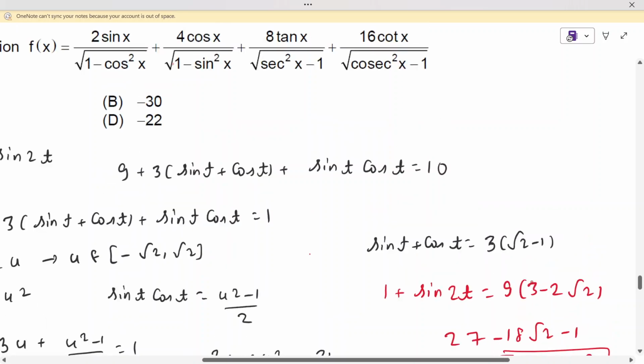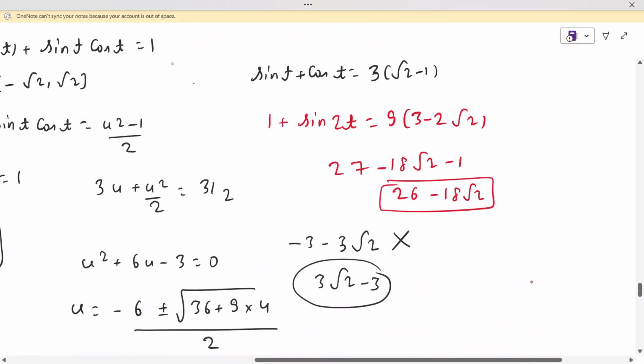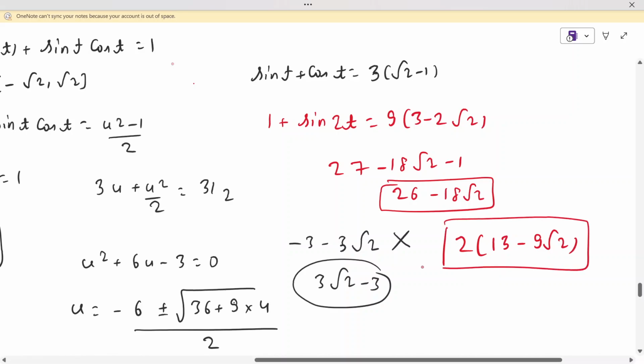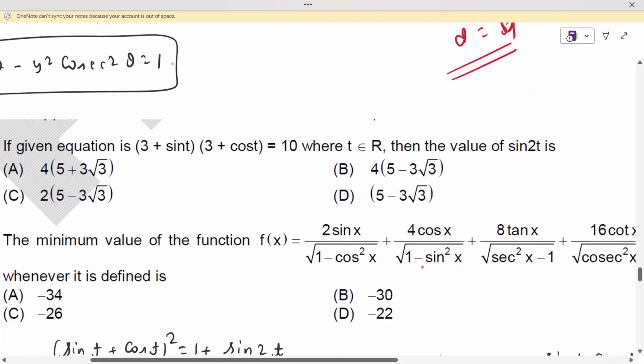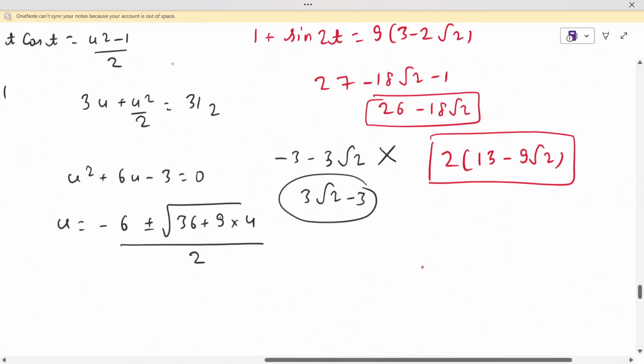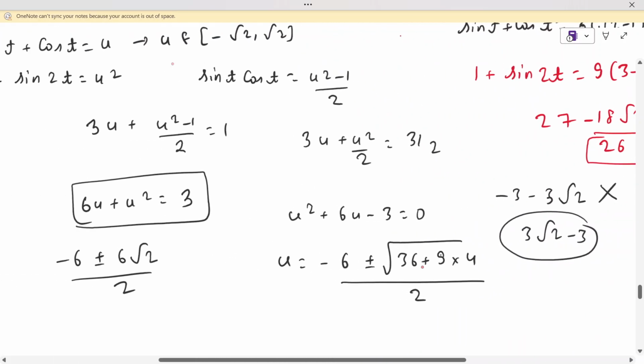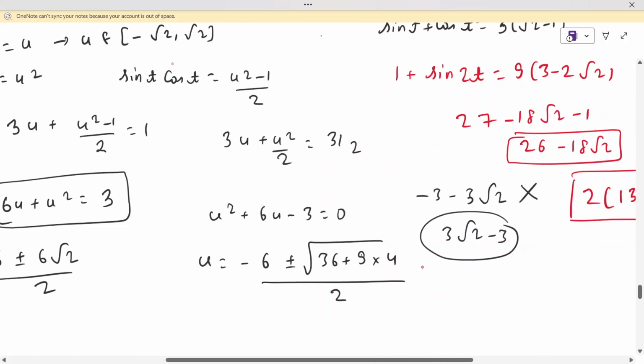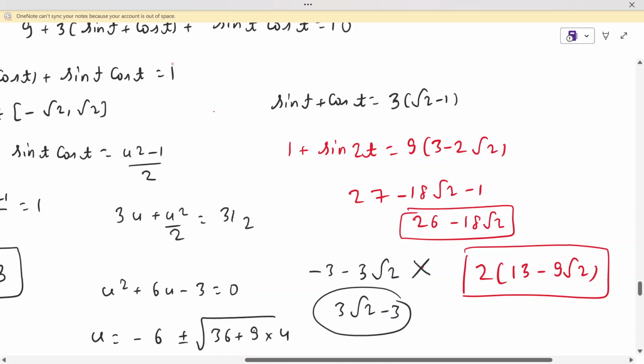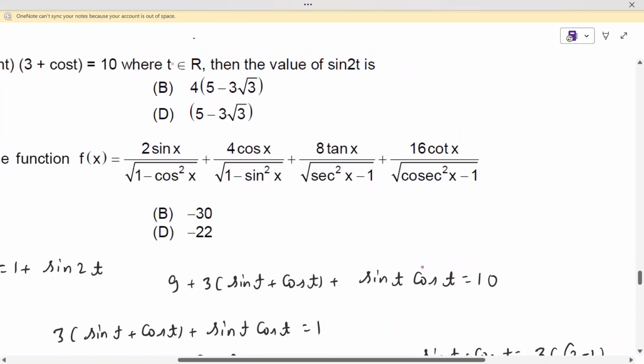Now take out 2 as common: 2 into (13 minus 9 root 2). Clear? Hmm, one second. 26 minus 18 root 2, 13 minus 9 root 2, I'm getting.